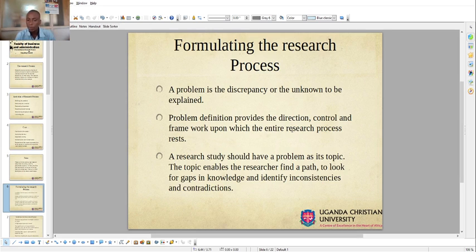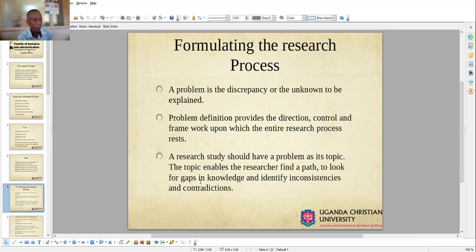And this enables you as a researcher to find a path, or to look for gaps in knowledge, and identify inconsistencies and contradictions. So your research problem will serve as your topic. Okay?